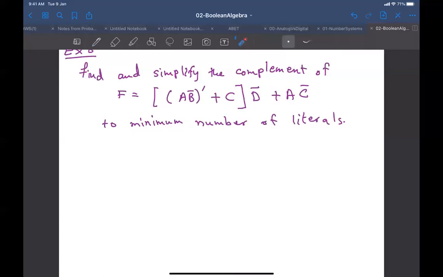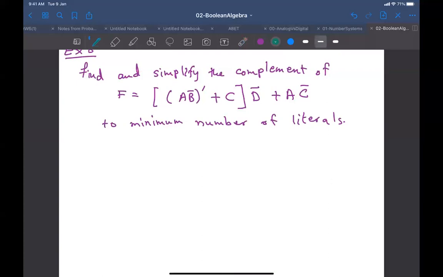But if there is, for example, "find then simplify," then you have to find the complement first and then simplify it. So what I'm going to do now is find the complement and then simplify it, just like the notes in your class notes.